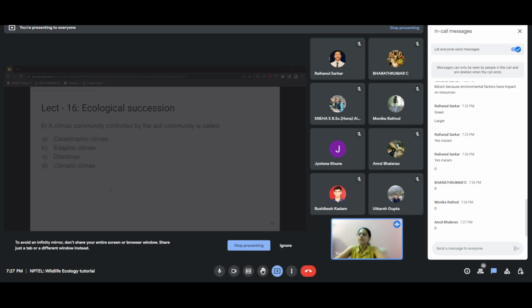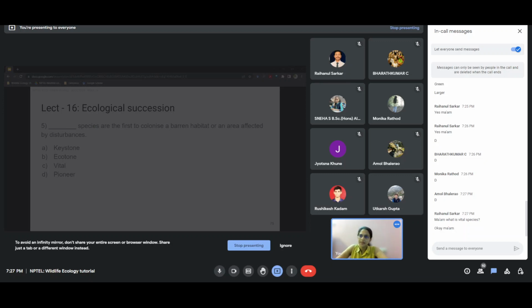Okay, so you have a climax community, and when a climax community is controlled by the soil community, what type of a climax is it? I just put vital species in as another extra option. There is no such thing as a vital species. It's just to throw you off. So you have a climax community controlled by the soil community.